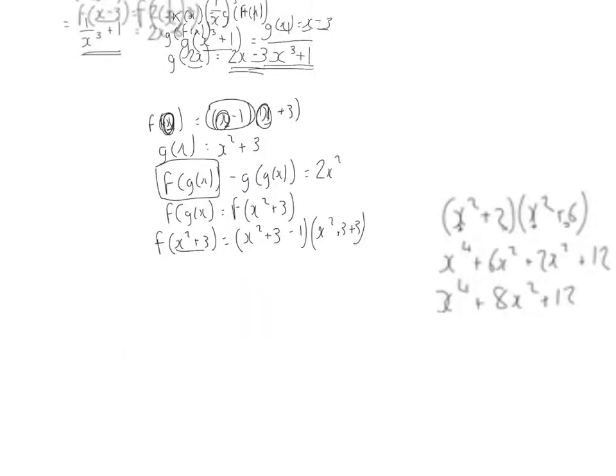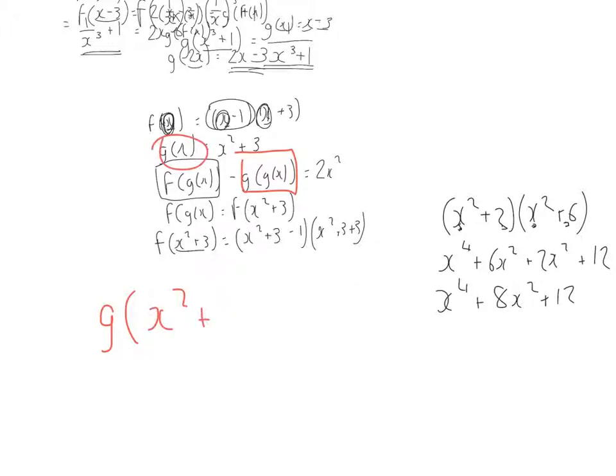I'm now going to find g of g of x. So that's g of x squared plus 3. The g function tells me that whatever's in the bracket, I write it down, I square it and then add on 3.